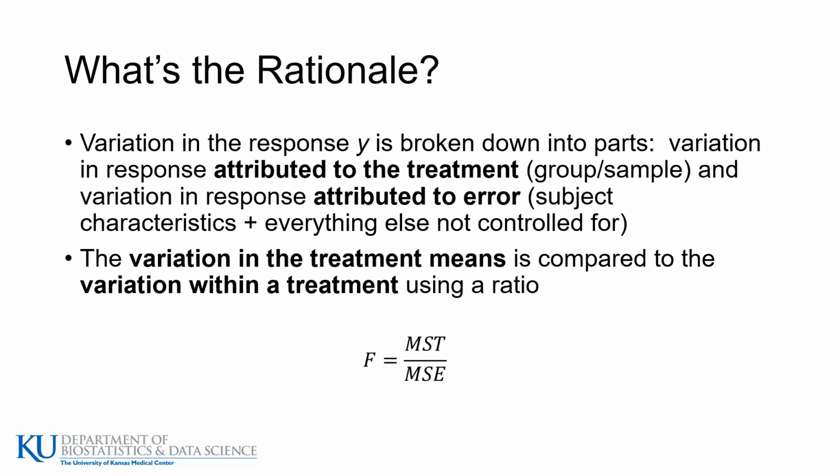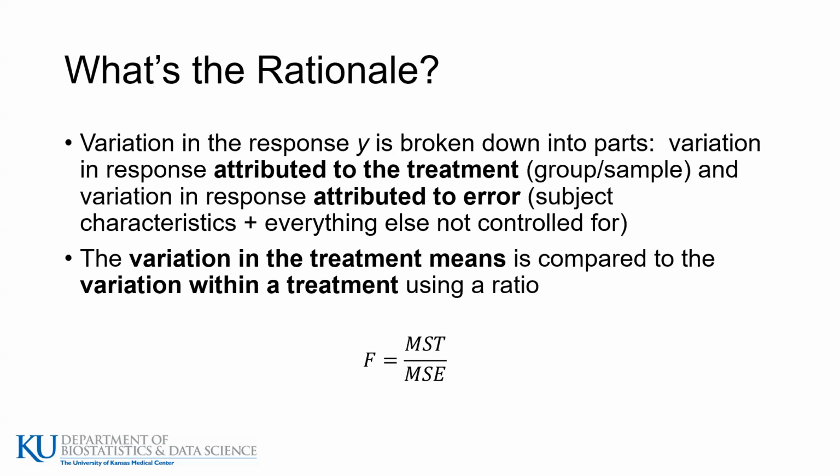Then we conduct a comparison between these two sources of variation using a ratio, which here is the F statistic. This is comparing the mean squared treatment in the numerator, which is the estimated variation in the treatment means, over the mean squared error, which is the variation within each treatment.